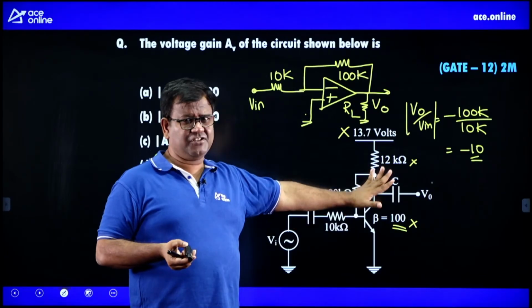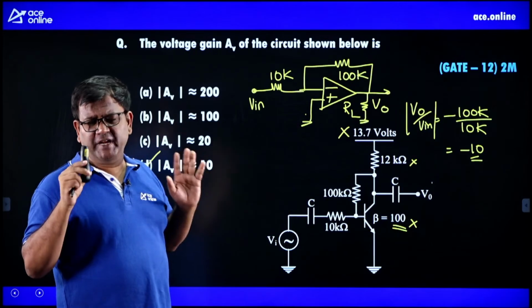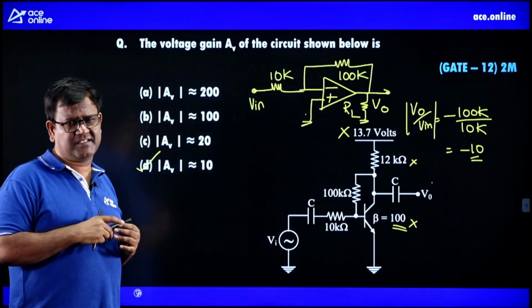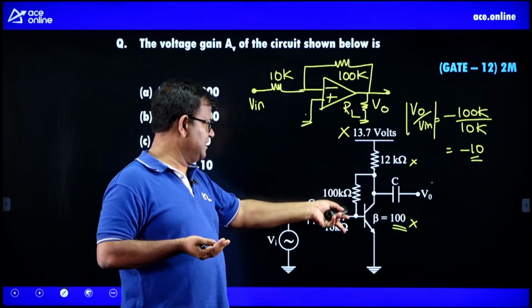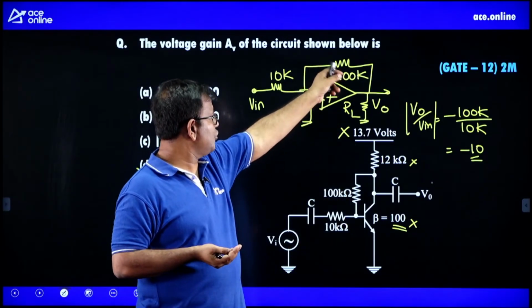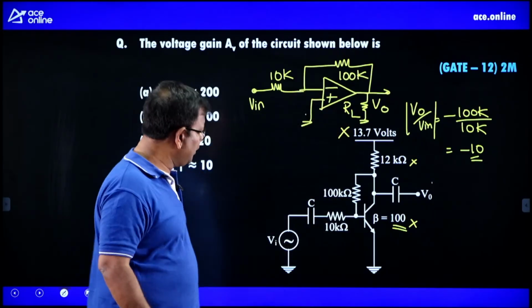So that's crazy. It becomes too cumbersome. Please apply Miller's theorem only for capacitors, not for resistors. For resistors in feedback, we never solve the problem by Miller, we solve it by virtual ground. So the same thing you can do here also.